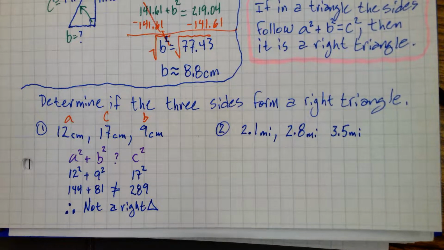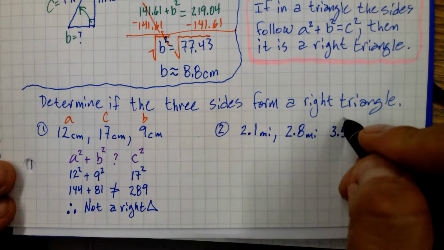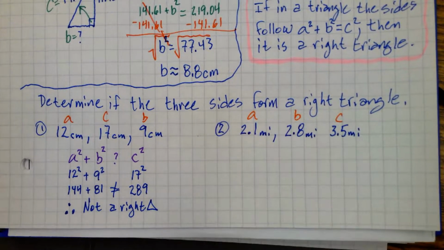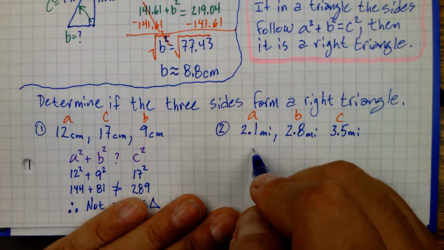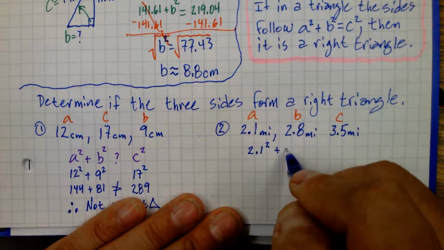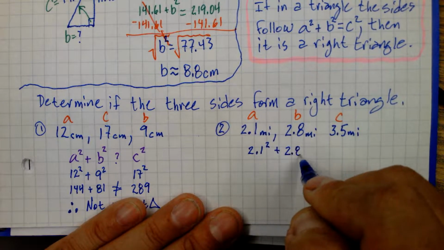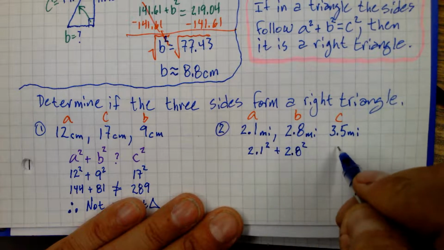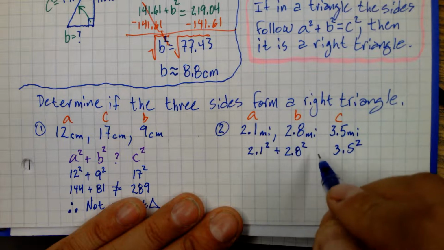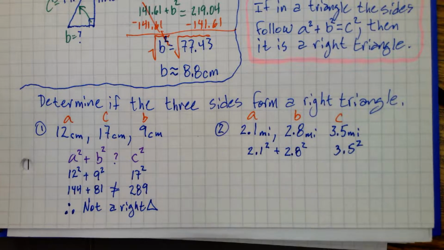Which one has to be C? Yeah, 3.5 has to be C. So these will be A and B. And we'll do the same thing, compare: 2.1 squared plus 2.8 squared compared to 3.5 squared. This part we don't know yet. We'll just leave it open.